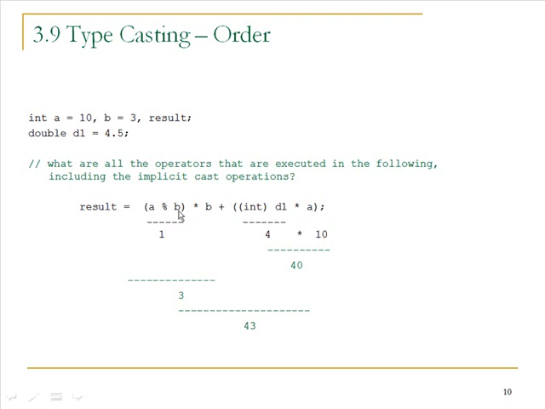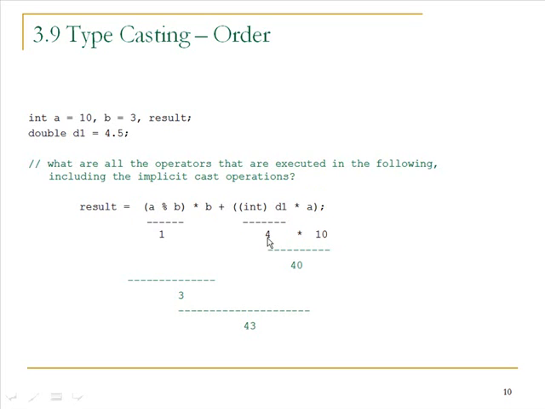Inside the parentheses, a modulus b is 10 modulus 3, which evaluates to 1. Inside these parentheses, the downcast operator happens first. So we had 4.5, but now we have 4, and then multiplied by 10, we have 40, and everything is in integer now.